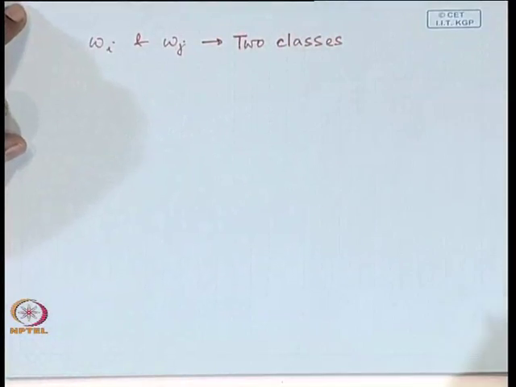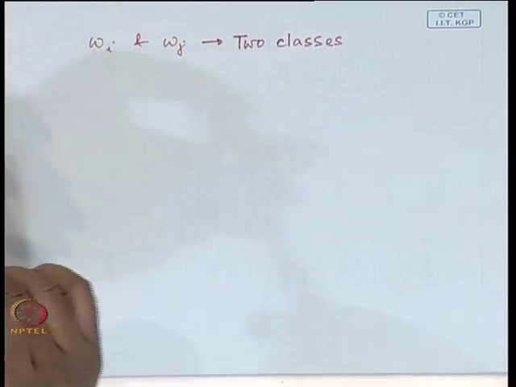So, what will be the nature of the decision boundary between these two classes, the ith class and the jth class? If I want to find the decision boundary, then for a feature vector x lying on the decision boundary, g_i(x) will be equal to g_j(x), because that is the situation which differentiates between the two classes.